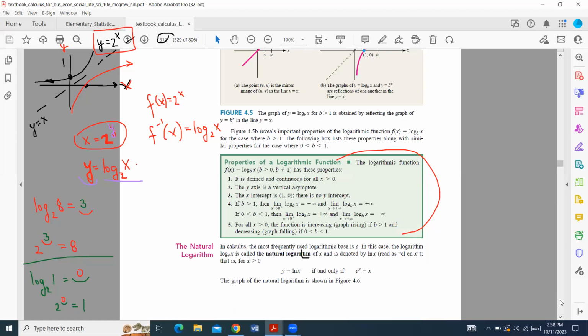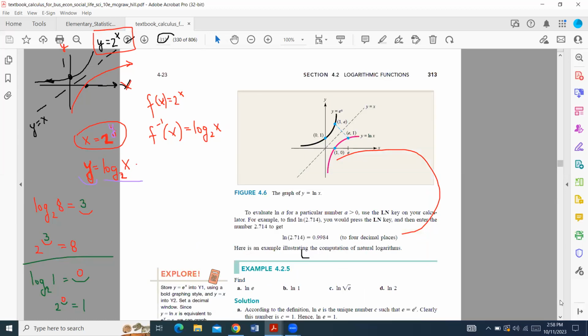So they graph in here various logarithmic functions. Here's another pair of inverses. One of them is e to the x, and the other is the logarithm, base e, of x, but people call it with 2 letters only, ln.